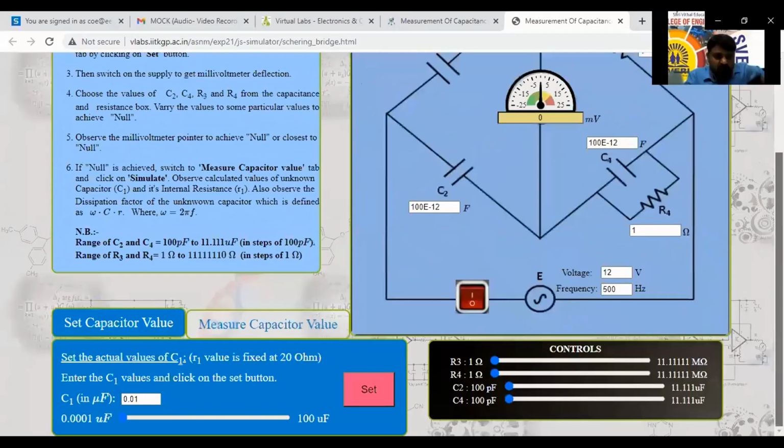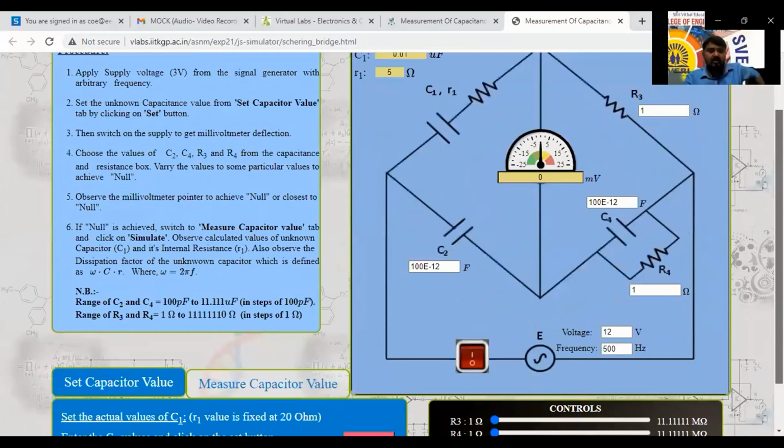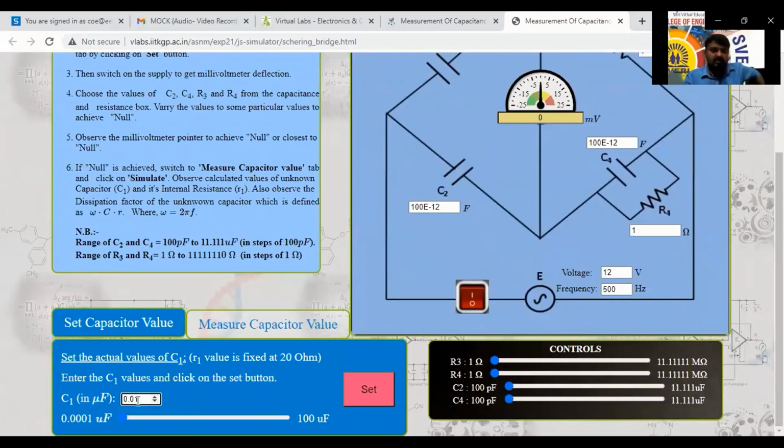You can set the C1 value in microfarad. I will set the value of 0.01, so the C1 value will be 0.01 microfarad. I will set that.